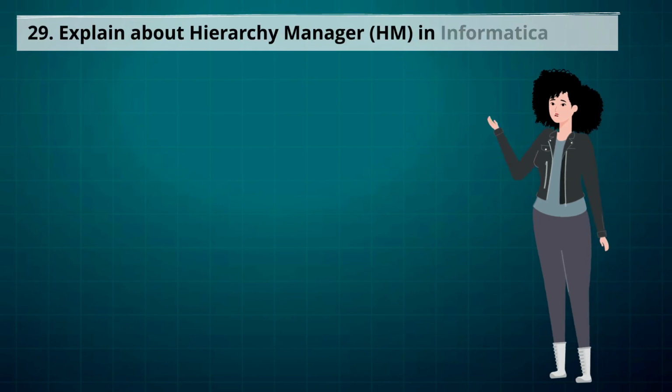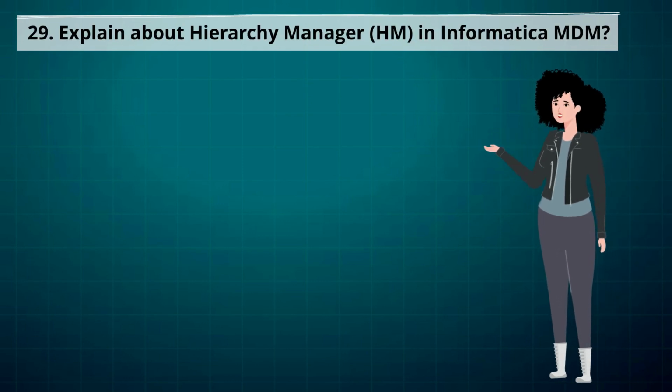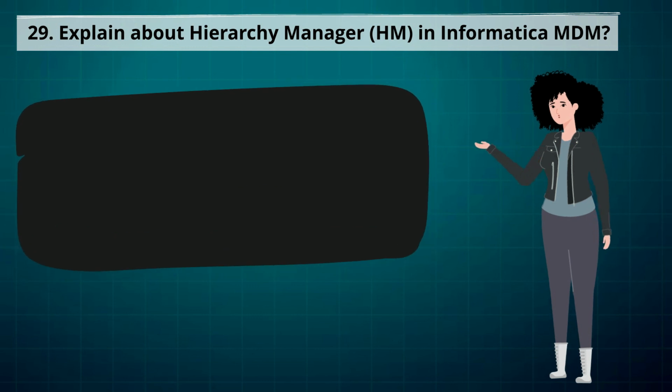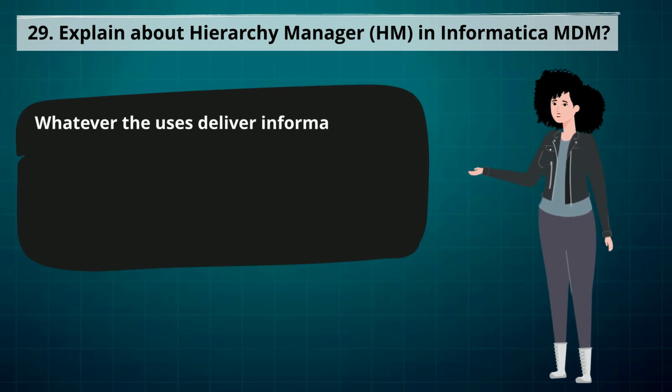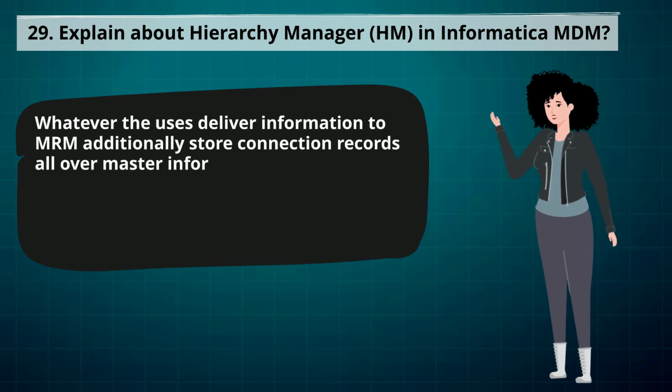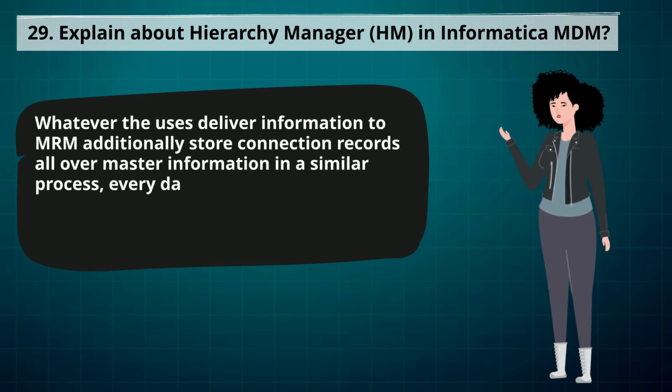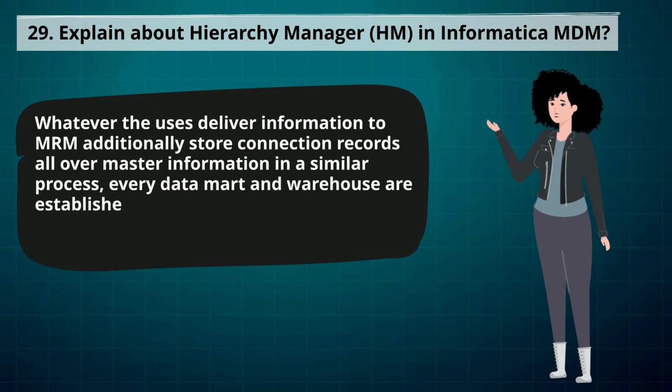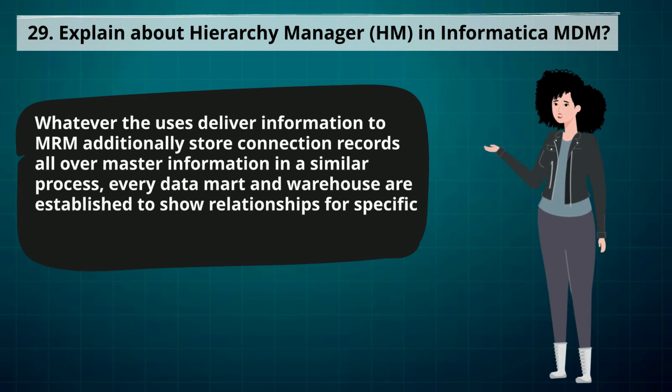Explain Hierarchy Manager, HM, in Informatica MDM. Whatever the applications deliver information to MDM, it also stores relationship records across master information in a similar process. Every data mart and warehouse is established to show relationships for specific objectives.